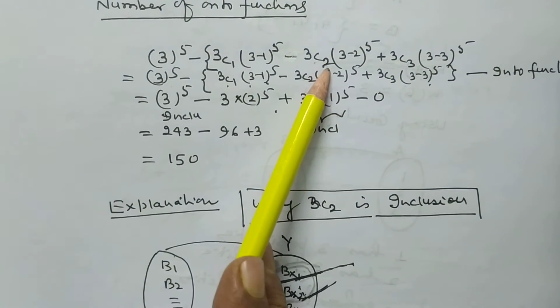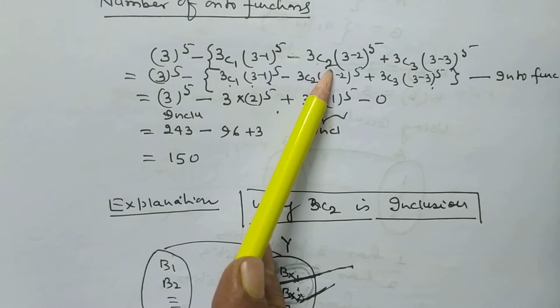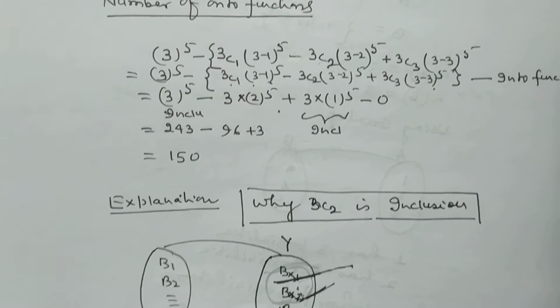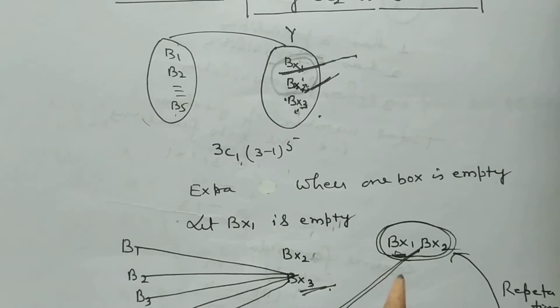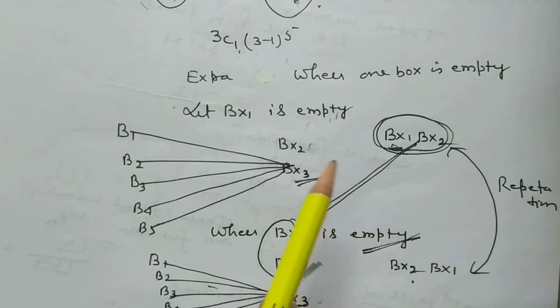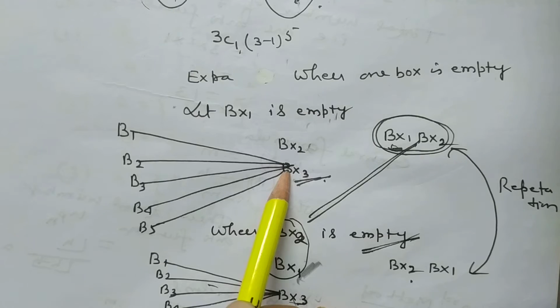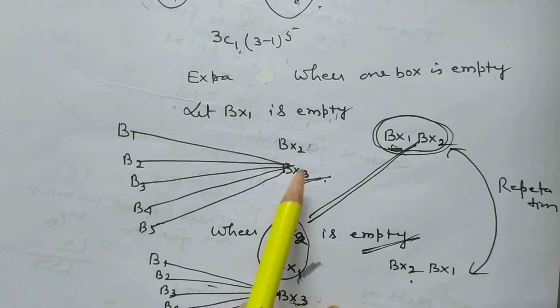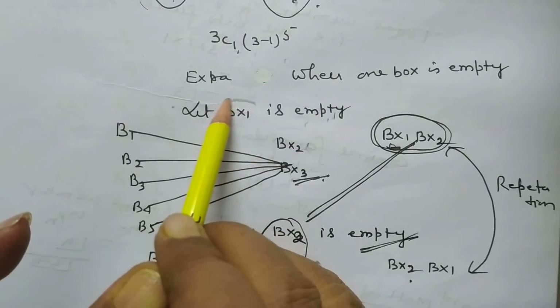So this you should be clear. So now my dear learned colleagues, here suppose we select b3, then we have bx1 bx2. We select 1 out of 3, then we have bx1 bx2.